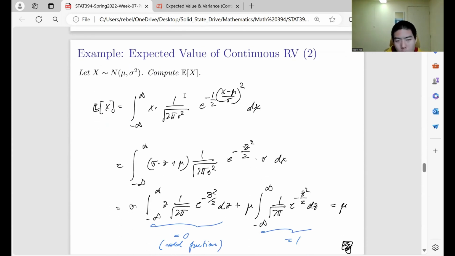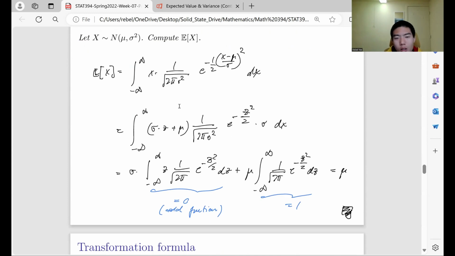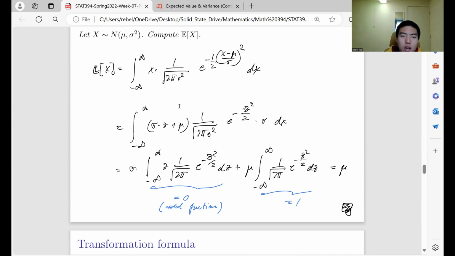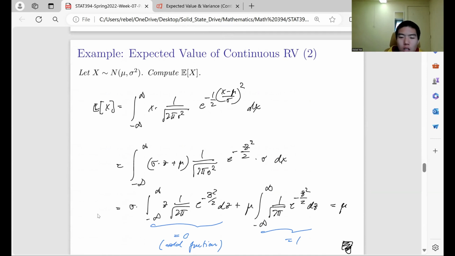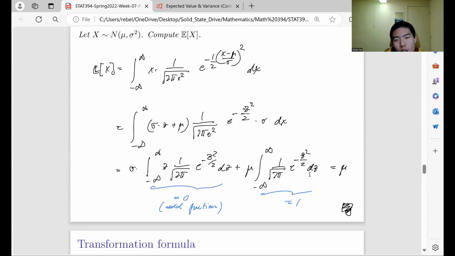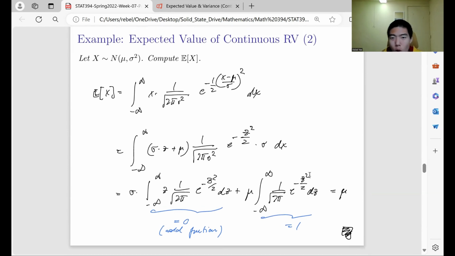And for this one, it might get more tedious to compute. So I decided not to compute it. It's very tedious, but the idea is the same. You just plug in the value of x and times its PDF, which looks a little bit longer than the PDF here. And after several steps, you will get mu. And I will say one mysterious step is this step. So why does this one go to 0? And why does this one go to 1?